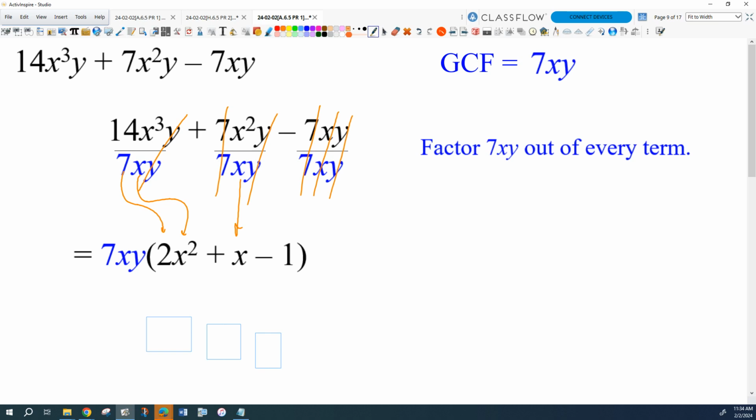When things cancel vertically, they equal 1. When things cancel horizontally, they equal 0. Look at the difference. 2 plus negative 2 equals 0. Those cancel horizontally, so they equal 0. But 2 divided by 2 equals 1. When they cancel vertically, they equal 1.